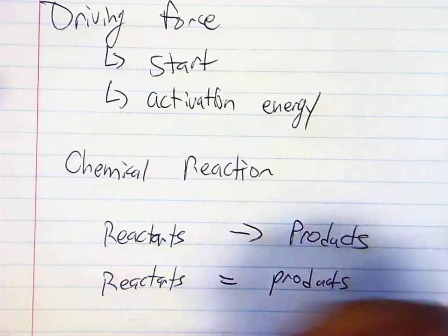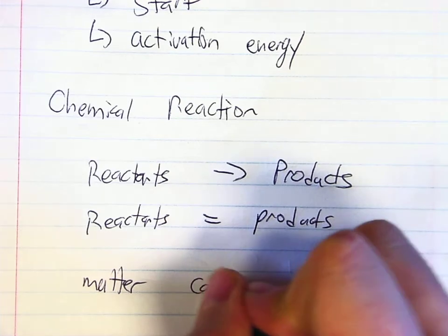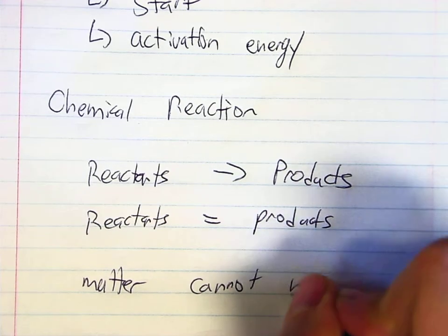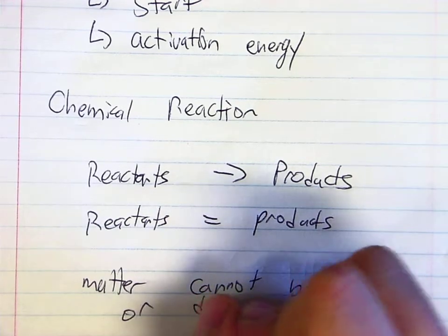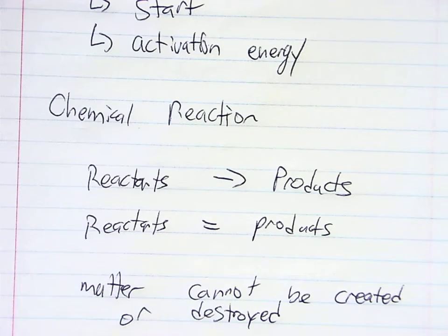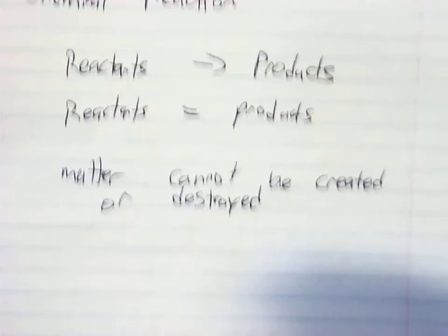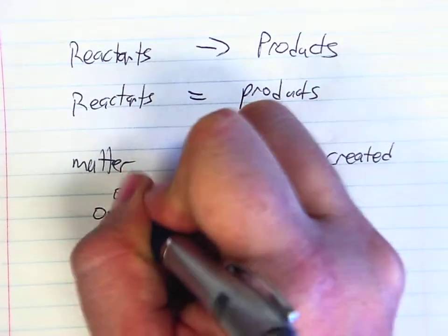They have to have the same amount because matter cannot be created or destroyed. So our reactants are going to be equal to our products, but only changed.